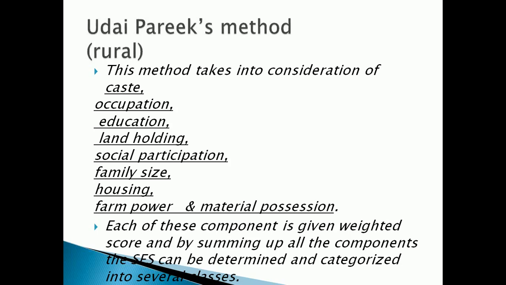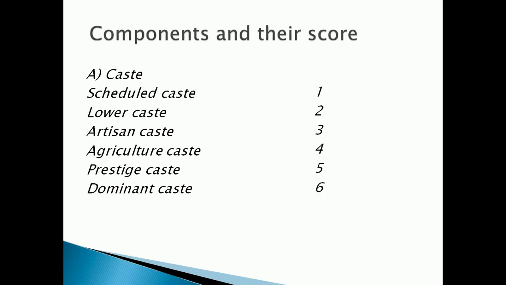So we will discuss the various components. First, caste: if the person belongs to a scheduled caste, the score is 1, and like that, lower caste 2, artisan caste 3, agriculture caste 4, prestige caste 5, dominant caste 6.